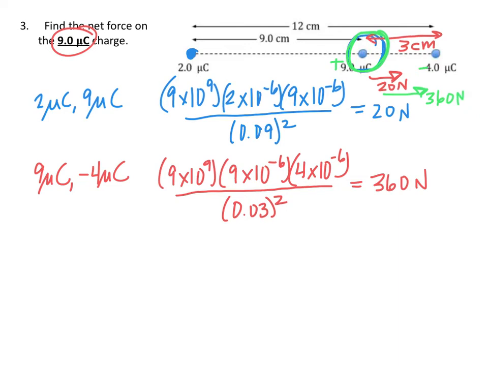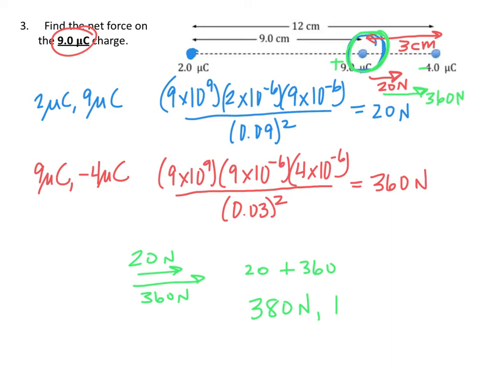Okay, so you can see that this is a different situation then, because I have 20 newtons to the right and I have 360 newtons to the right. So we're not going to subtract here, we are going to add, because the forces help each other out. And so our answer comes out to be 380 newtons, and they're both pointing to the right.